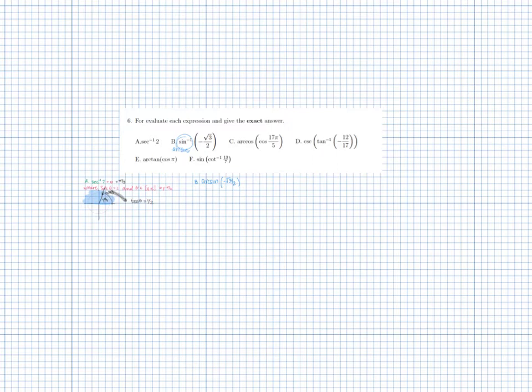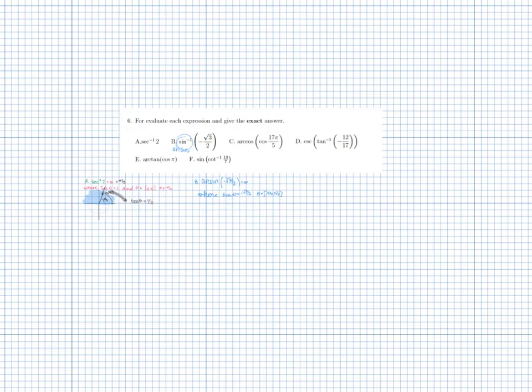So remember that this is going to equal some theta, where sine of theta equals negative root 3 over 2, and theta is in the interval from negative pi over 2 to pi over 2.